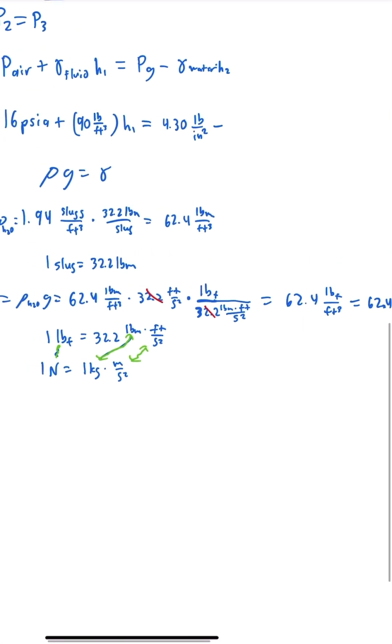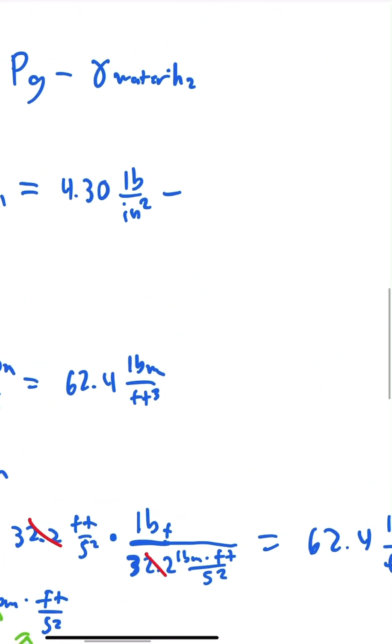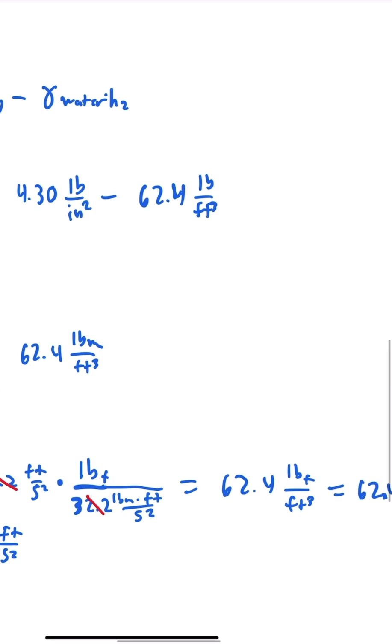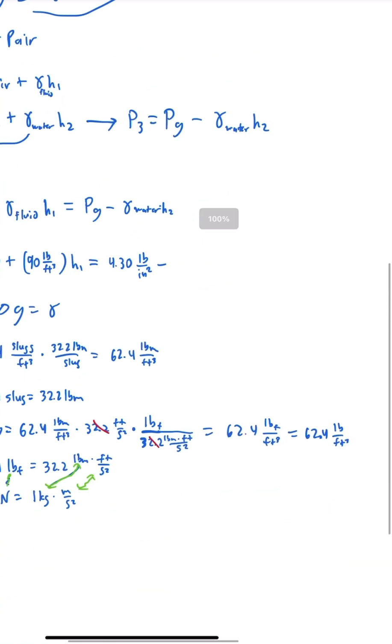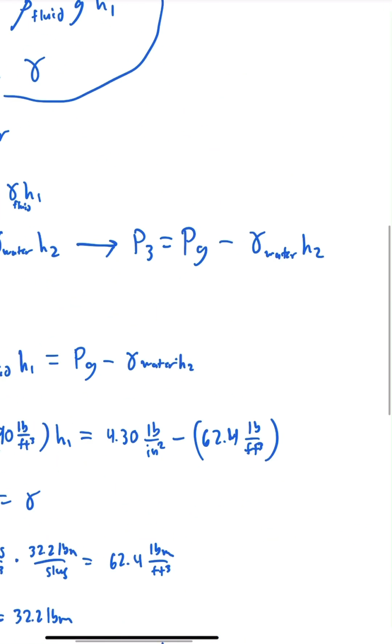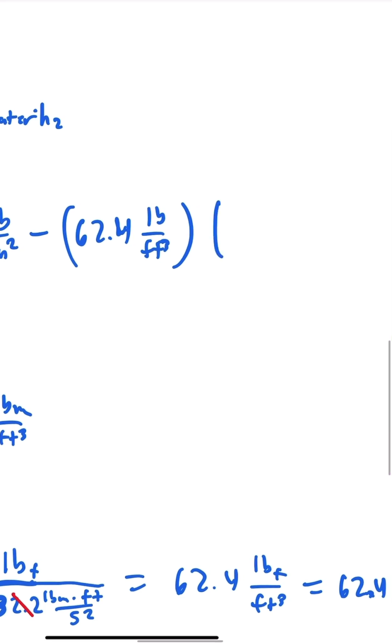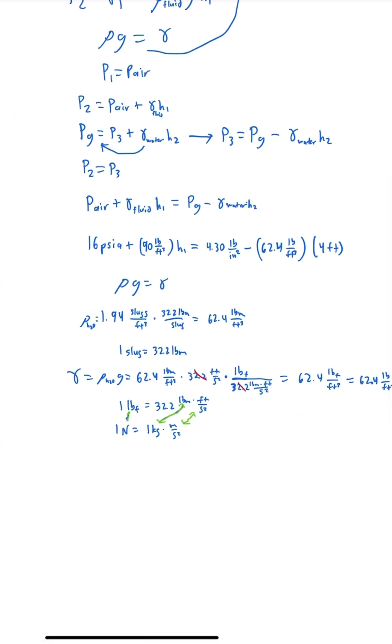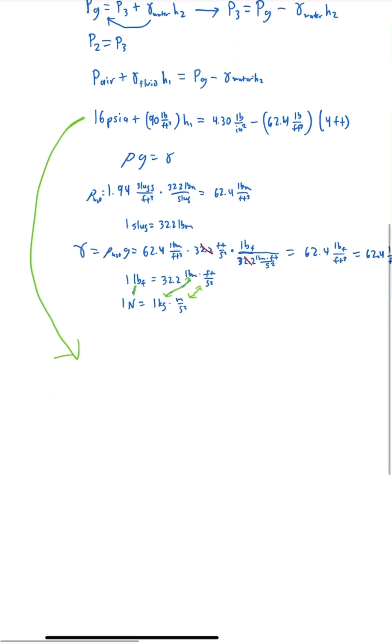So going back all the way up here, I'm going to say this is 62.4 pound per feet cubed times our H2, which is 4 feet. Now we're going to take this and go all the way down here.